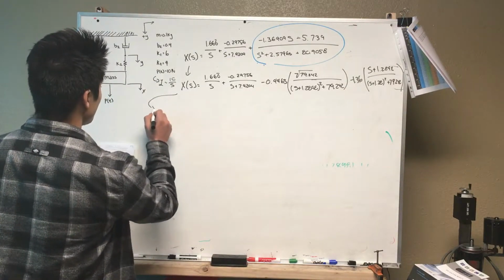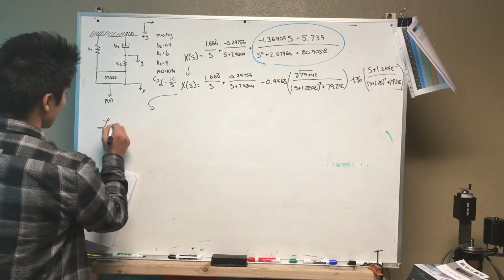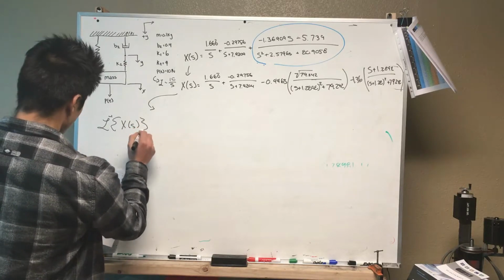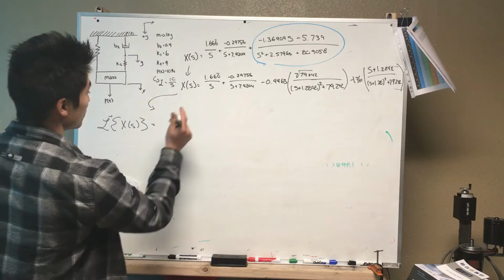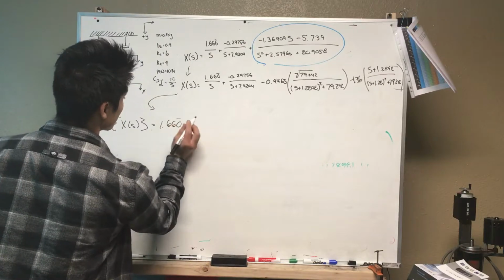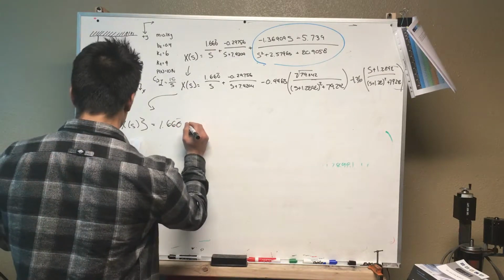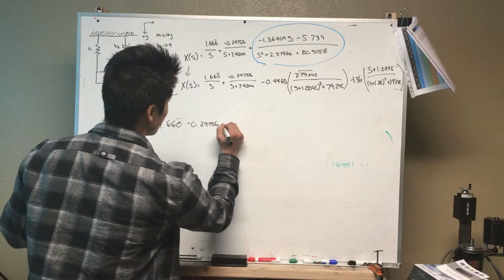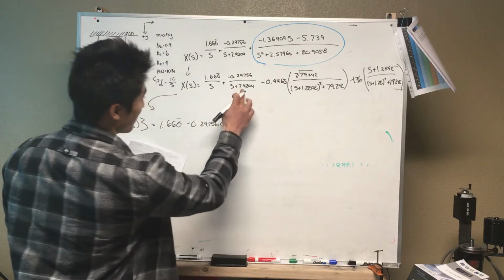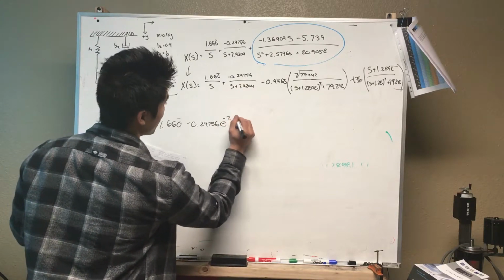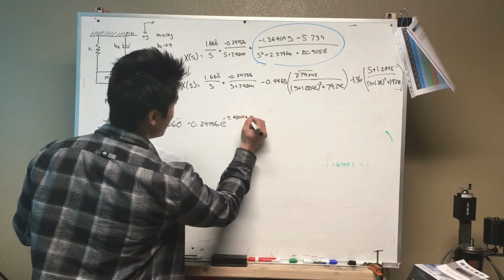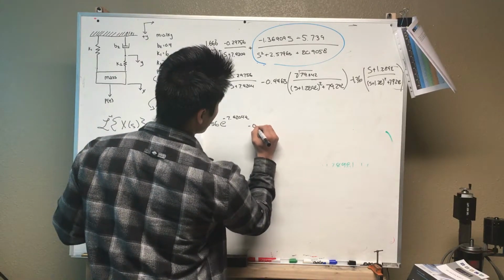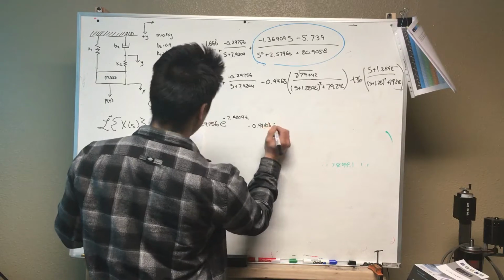And what we're going to do is going to say that inverse Laplace of x of s is going to be, that's just going to be 1.666. That's going to be negative 0.29756 e to the, that's our A, so that's going to be negative 7.4204 t. And we have our negative 0.4463.